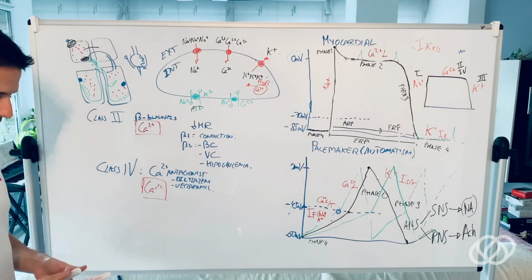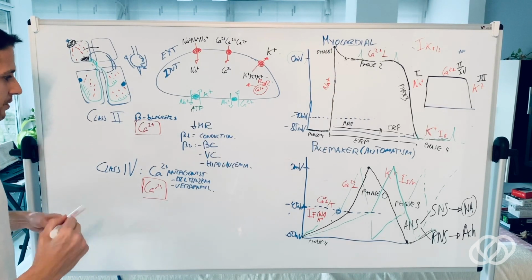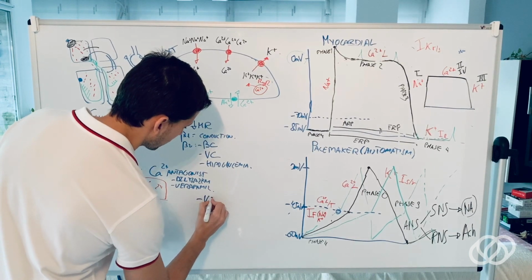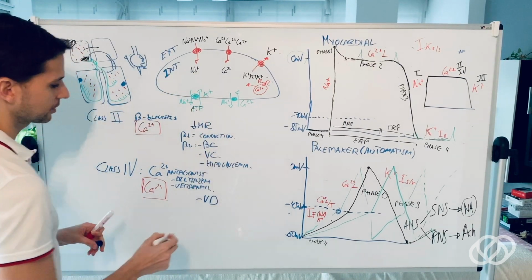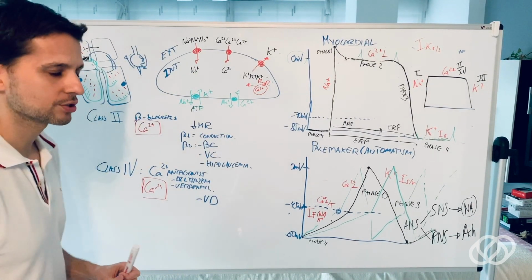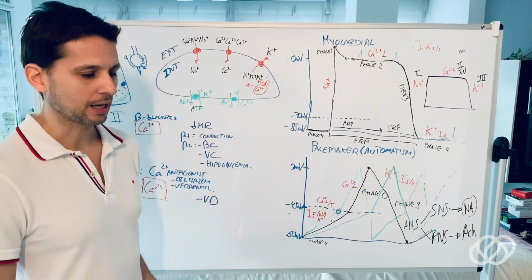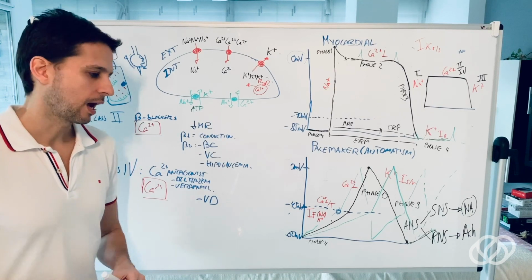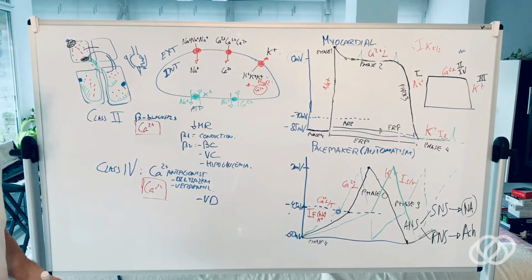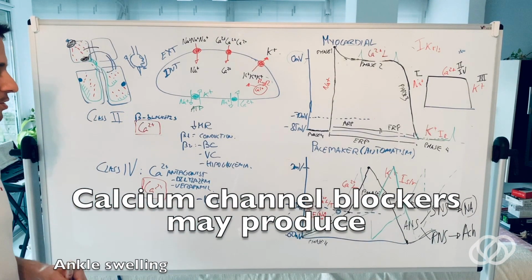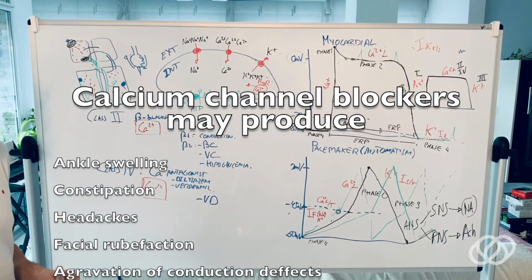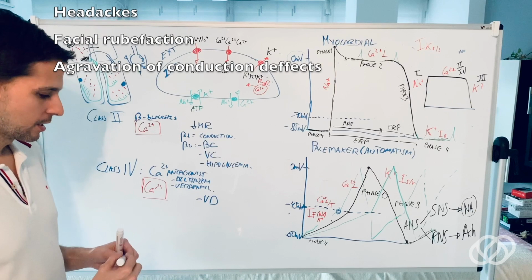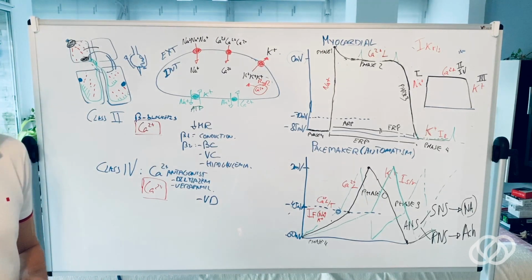So with calcium antagonists we are going to have vasodilatation instead of vasoconstriction. This vasodilatation can sometimes lead to ankle swelling or headaches, and they can also act on the smooth muscle cells of the gut, and then produce, for example, constipation.